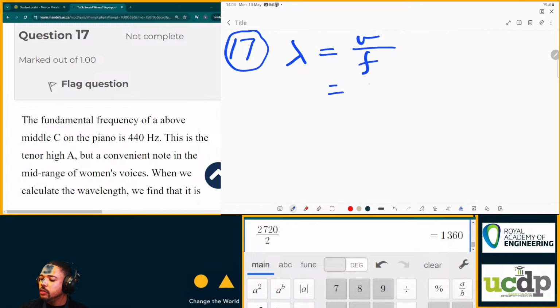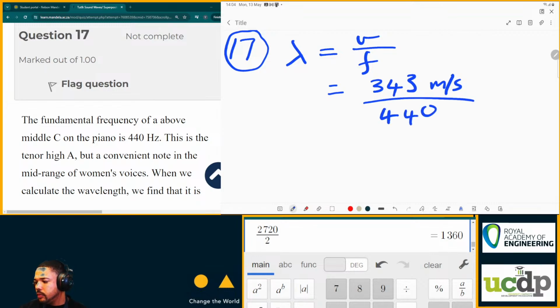Now the velocity is 343 meters per second, while the frequency in this case is 440 hertz. Therefore, the wavelength is 0.78 meters. If you were to punch that into the calculator, you would get 0.78 meters.